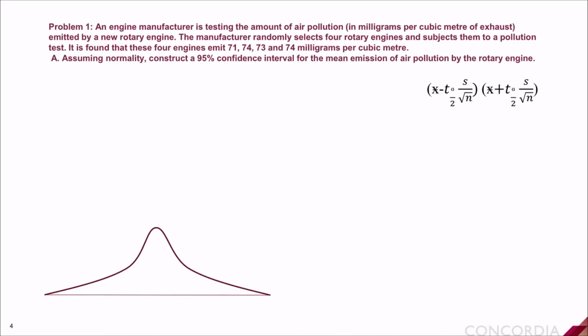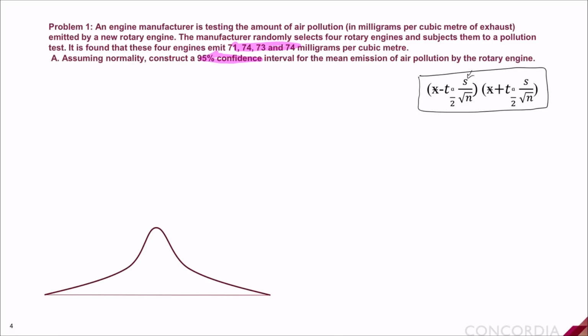So before we get started, let's highlight the important information the problem gives us. They give us a confidence level of 95% and 4 values. As you can see, the formula we need is right here, and it requires us to have a standard deviation, which we don't have.